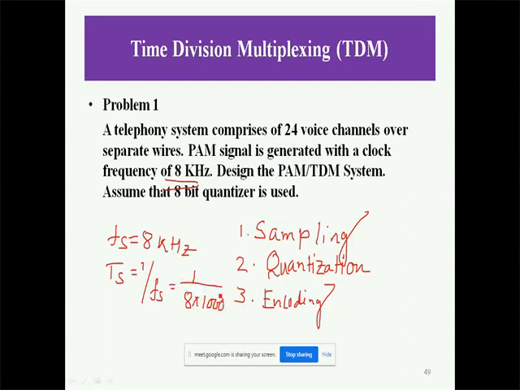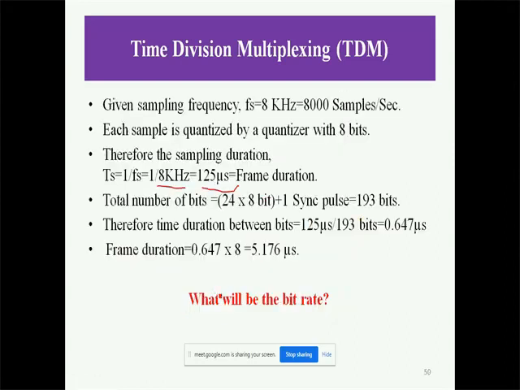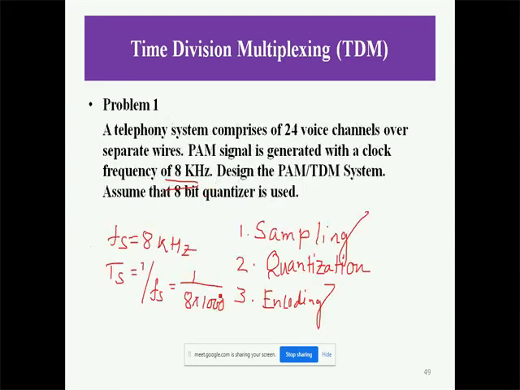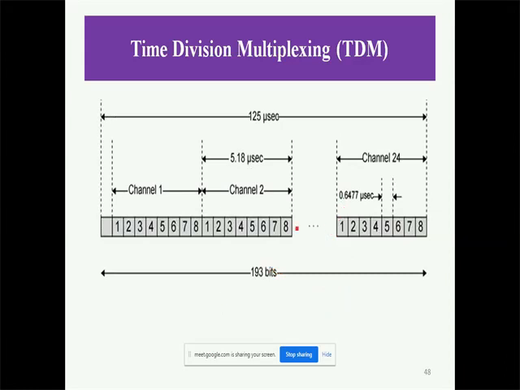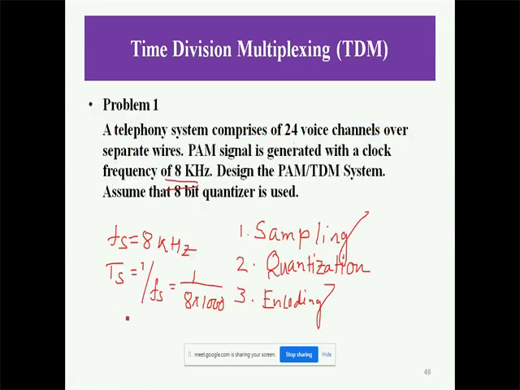Kilohertz means multiply by 1000. So this has been done, and the frame duration is 125 microseconds, as shown here. That is your total frame size. Clear?